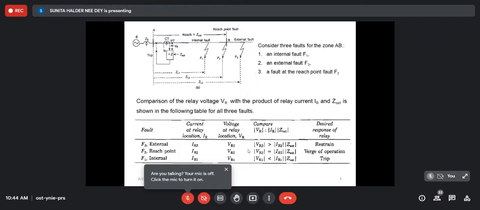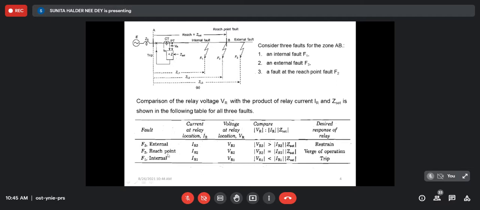This is the principle. So if we write in short, for the external fault, if the current at the relay location is IR3 and voltage is VR3, then VR3 will be more than IR3 times Z set, right? So in that case, the impedance is more than the Z set. So the relay will restrain, the relay will not operate.